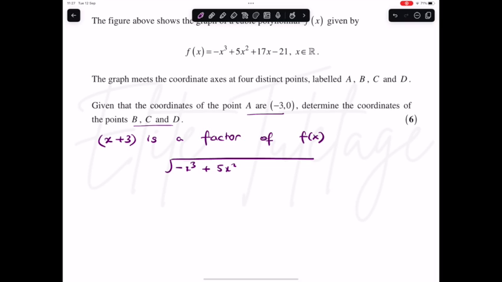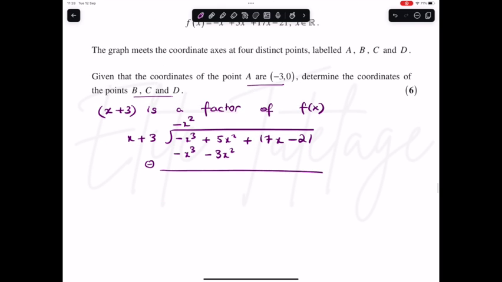Okay, so I'm going to have x plus 3. Okay, so I need minus x squared there, and this will give me this. And I'm going to take away, in order to cancel out the first terms, 8x squared plus 17x minus 21.